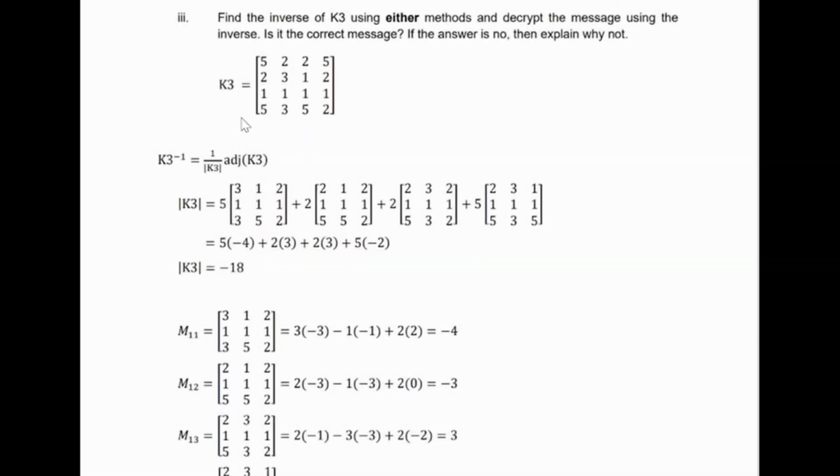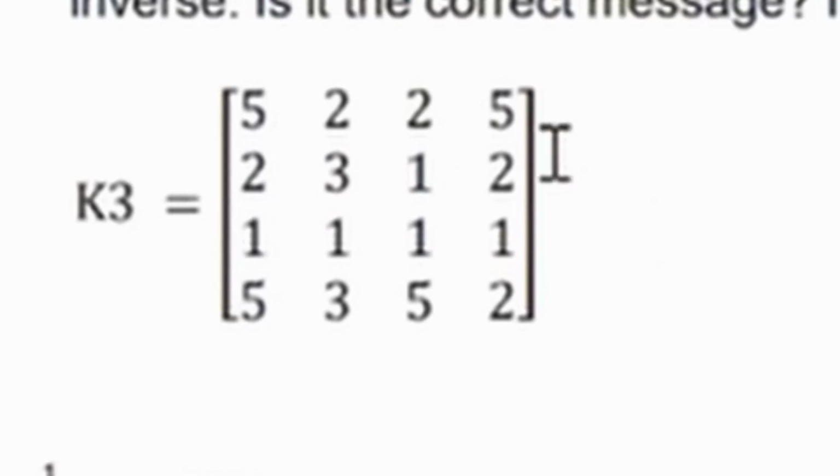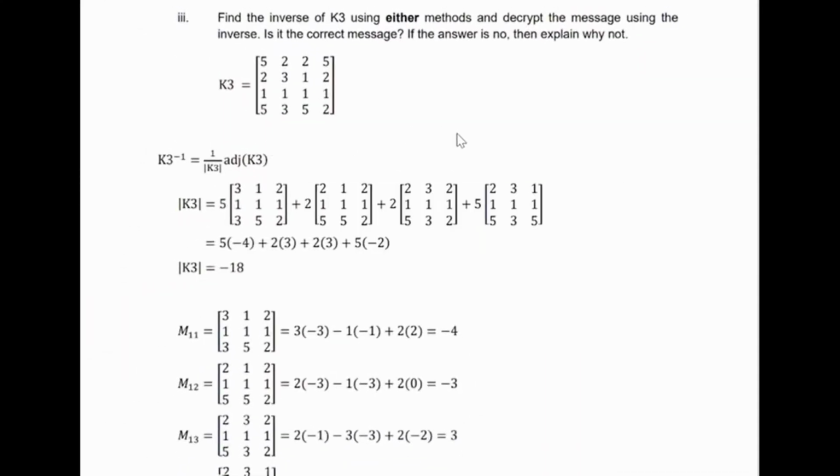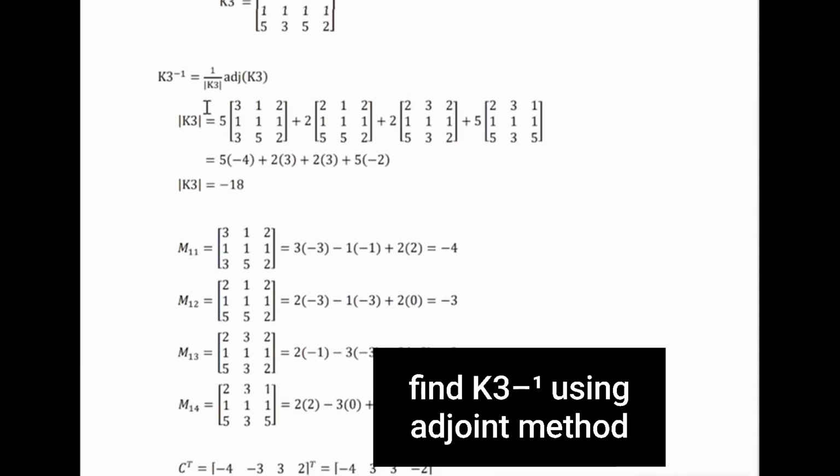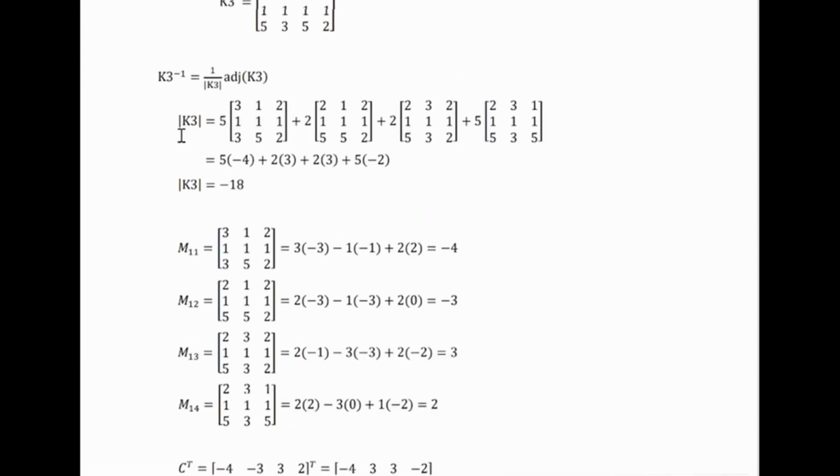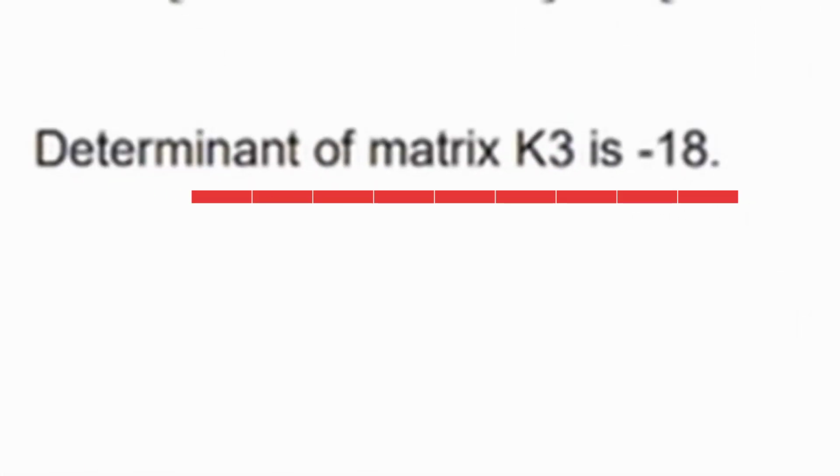Okay, good. For this question, I will be using the adjoint method. First, we have to find the inverse. To find the inverse, first we have to find the determinant. And the determinant we got is negative 18.